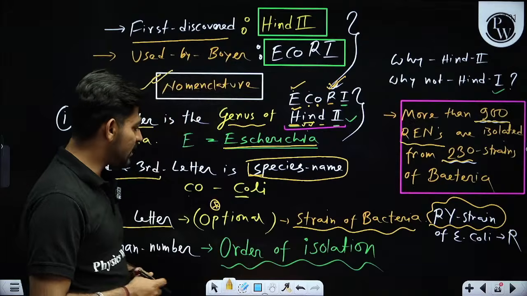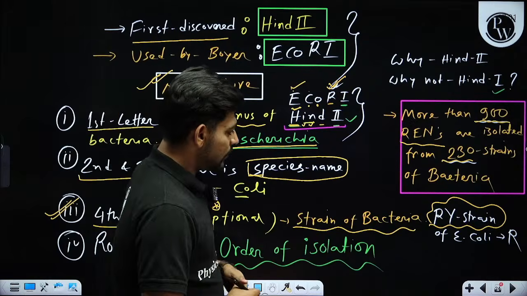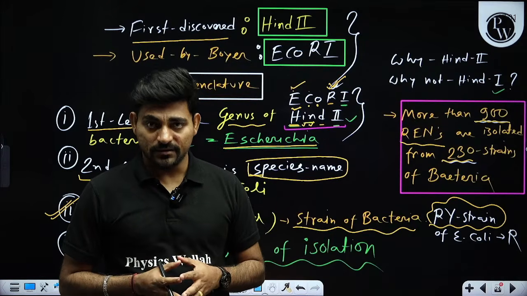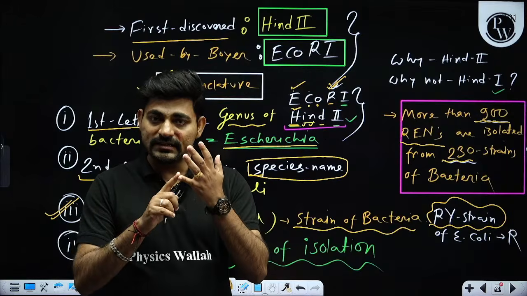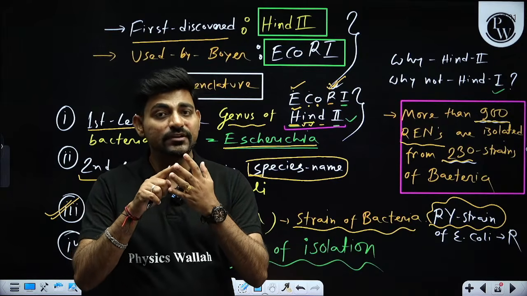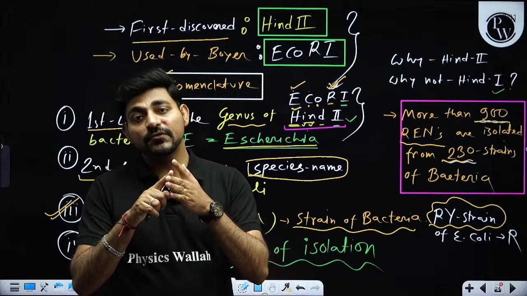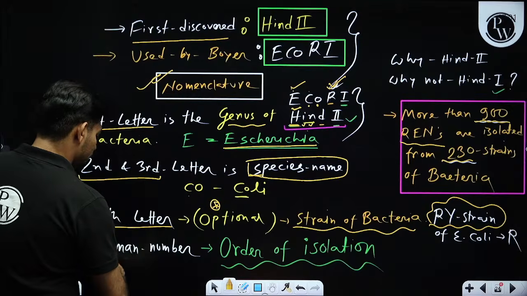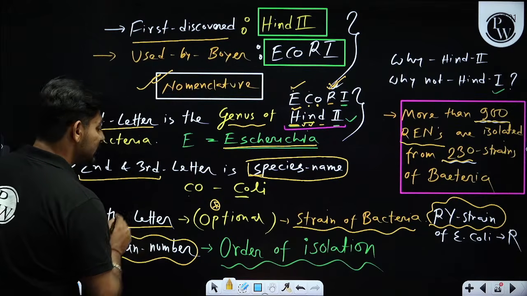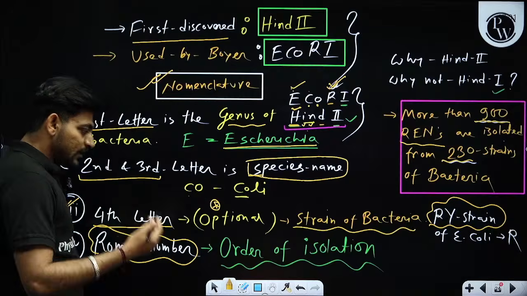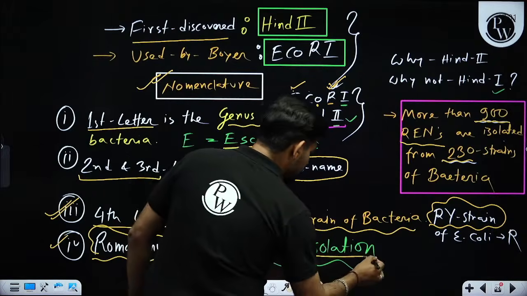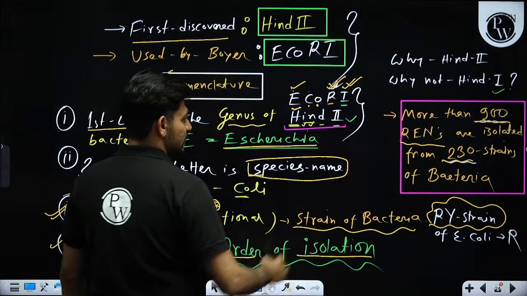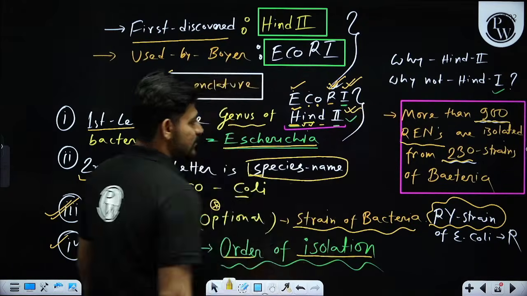For example, PvuI: here we have the first, second and third letters, PVU, and we do not have any fourth letter. And the next thing, we use a Roman number to denote the order of isolation. So EcoR1 is the first order of isolation, Hind2 the second order of isolation.